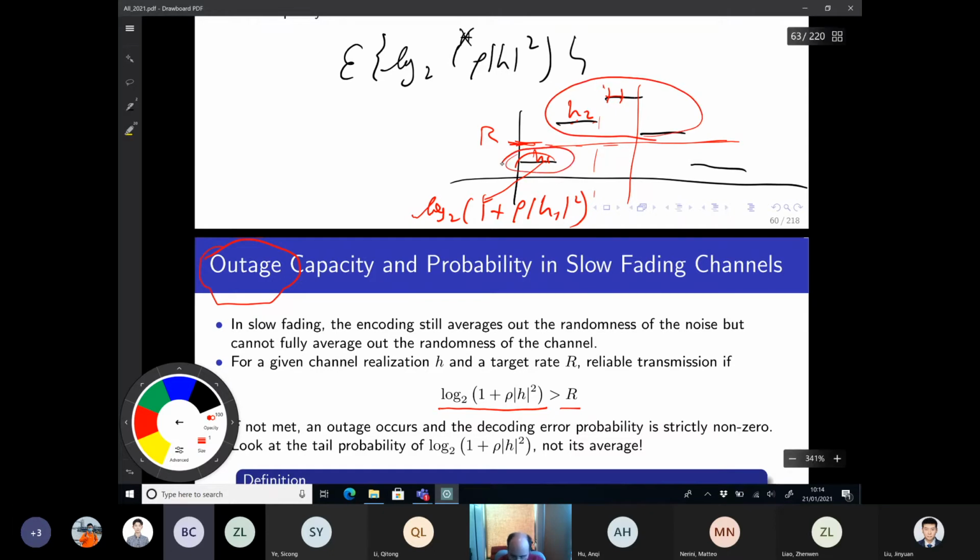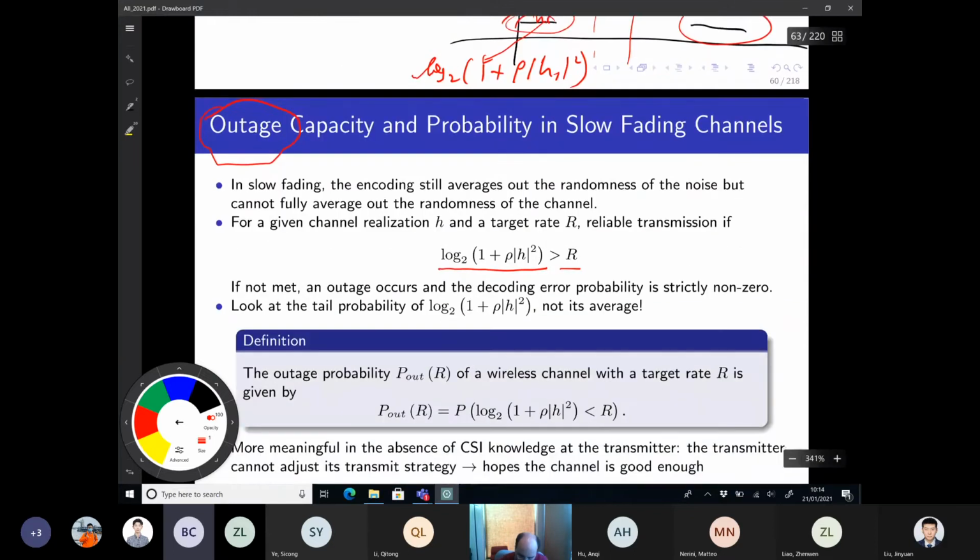But in those ones here and there, the rate R at which I transmit will be higher than the rate that the channel can support. I'm going to have outage. So this is what it means. You're going to have reliable transmission if the rate at which you transmit is smaller than the rate that the channel can support for a given realization of H.